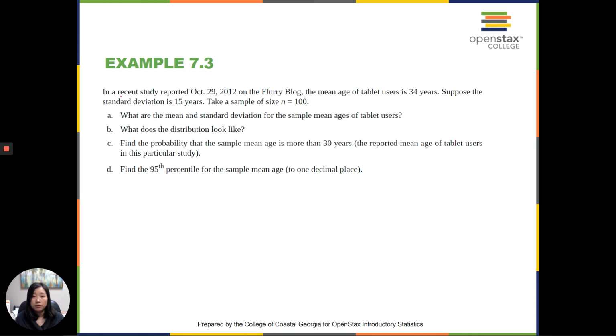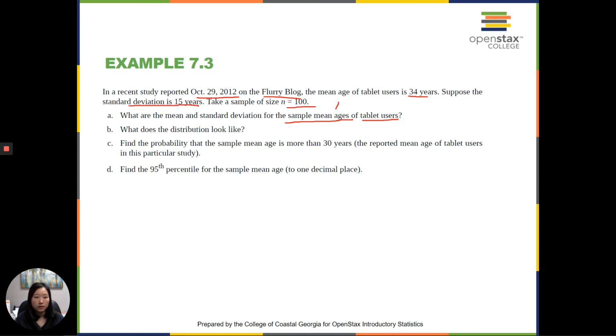Okay. Another example: in a recent study reported on a Florida blog, the mean age of tablet users is 34 years. Suppose the standard deviation is 15 years, and take a sample of size 100. What are the mean and standard deviation for the sample mean ages of the tablet users? All right, so if the sample size is big enough, the sample mean age will be very, very close to the mean age we're talking about here.